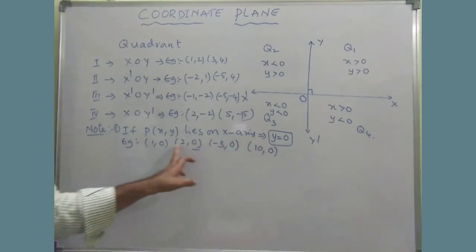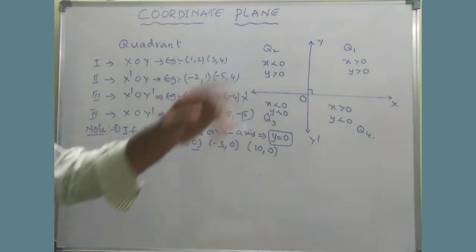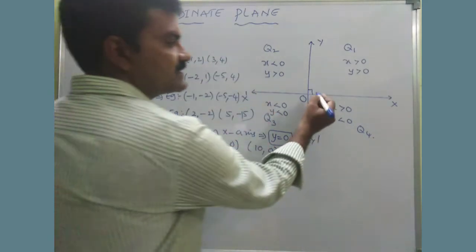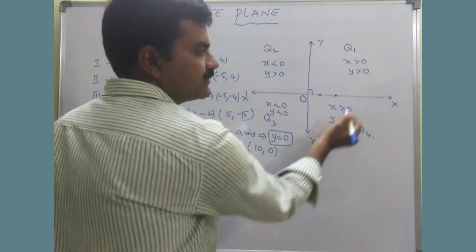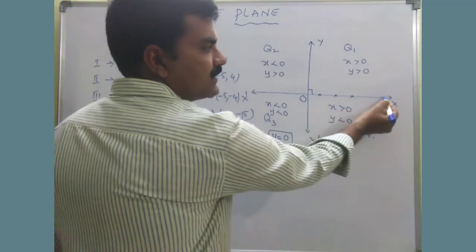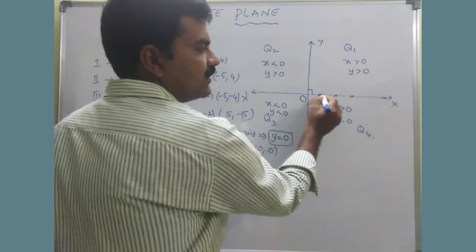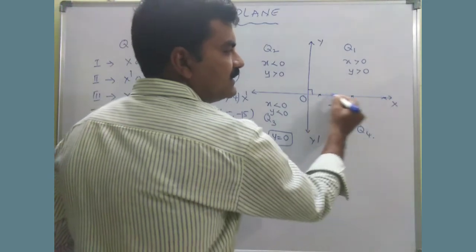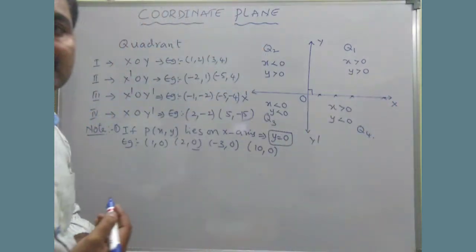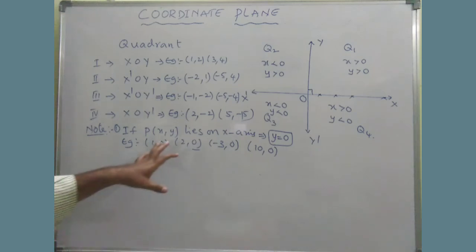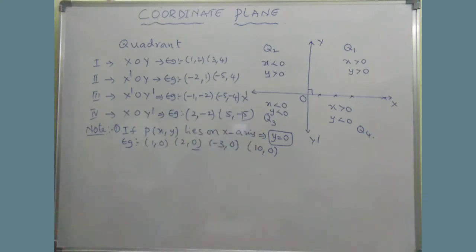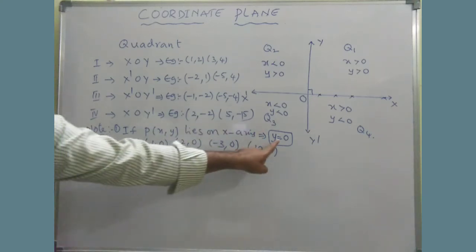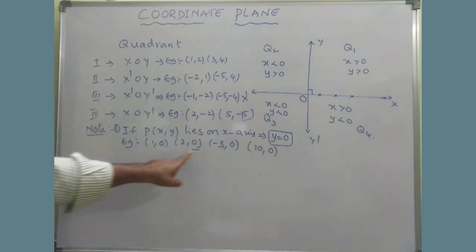Hence all these points lie on the x-axis. Suppose this is (1, 0), maybe this is (2, 0), (3, 0), (10, 0). So all these points are clearly on the x-axis. So remember the condition that if a point lies on the x-axis, then its y coordinate is 0.